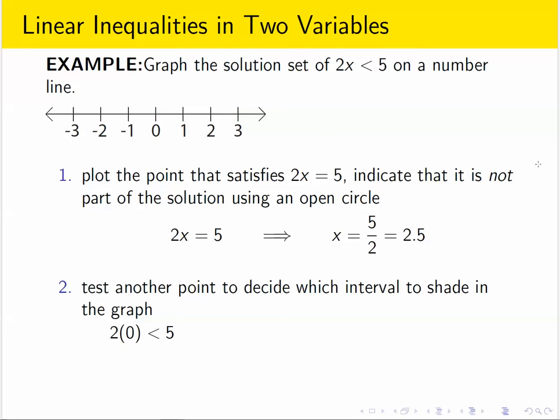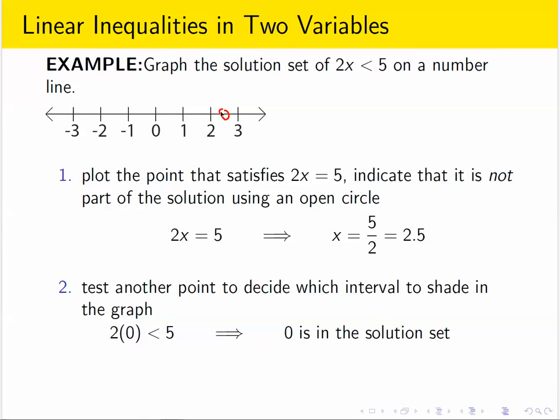test that point. If I plug a 0 into the inequality for x, the left side simplifies to 0, and that is less than 5, which means if I let x be 0, that is a solution of the inequality. It's part of the set of solutions. So in fact, everything that's on the same side of our endpoint will also be a solution of the inequality.